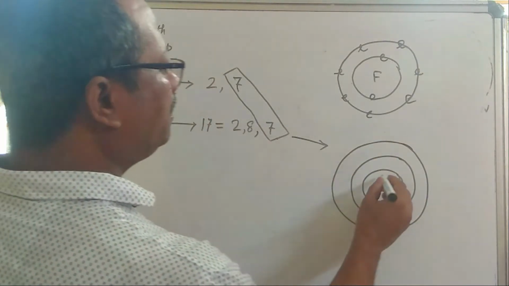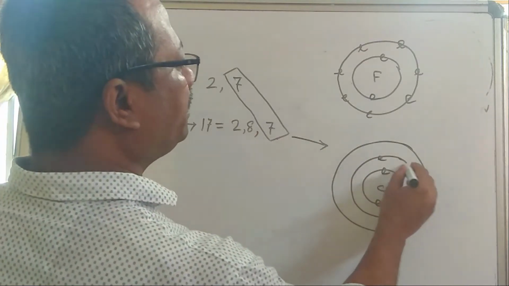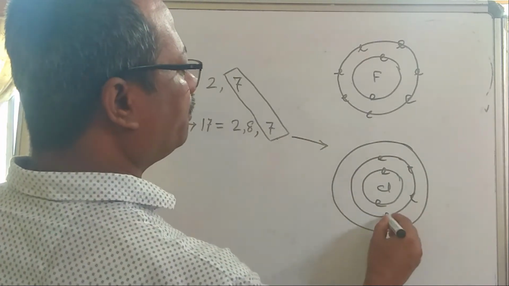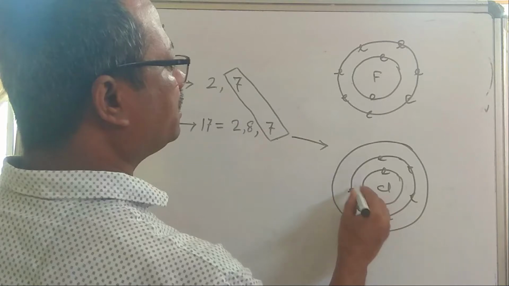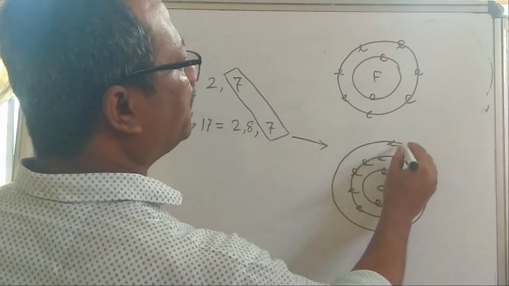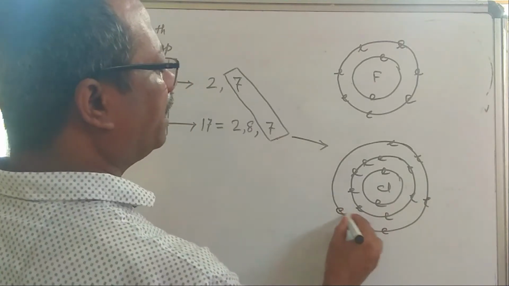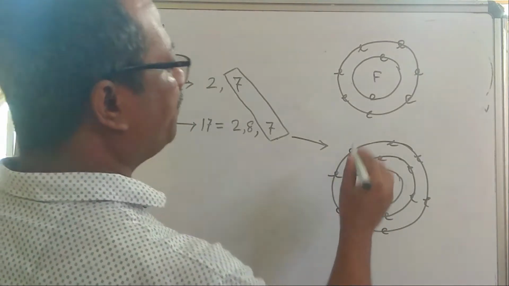On the first shell, there are 2 electrons. On the second shell, there are 8 electrons: 2, 3, 4, 5, 6, 7, 8. On the third shell, 1, 2, 3, 4, 5, 6, 7.